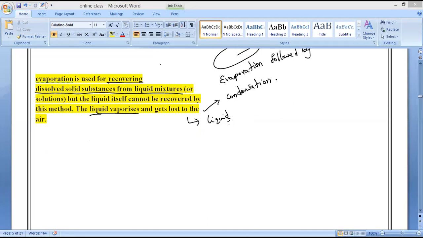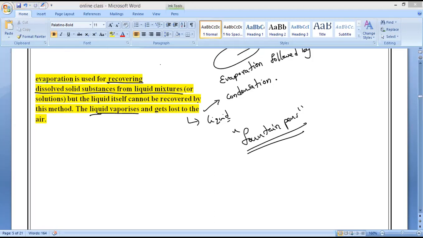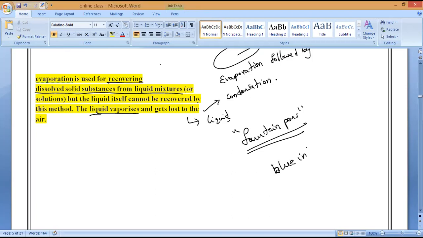Are you all using ink pens or not? Yes, sir. If you have blue ink or black ink, no matter, it is a mixture of dye in water.